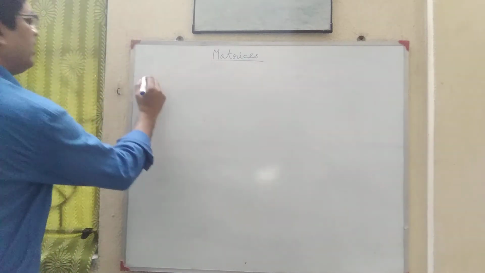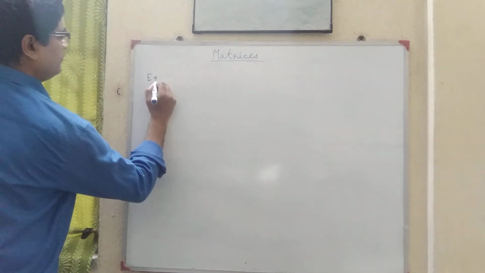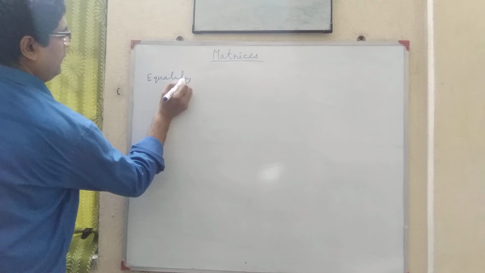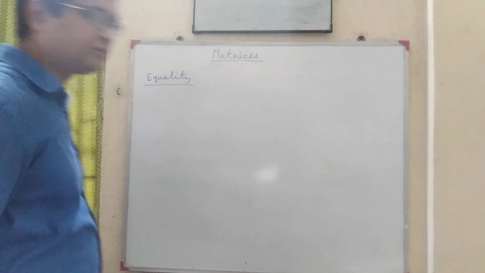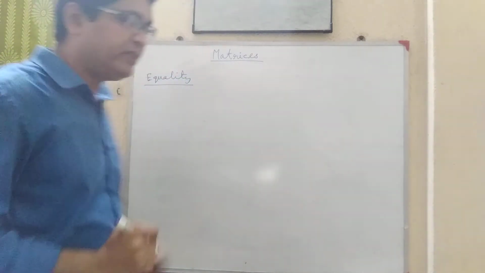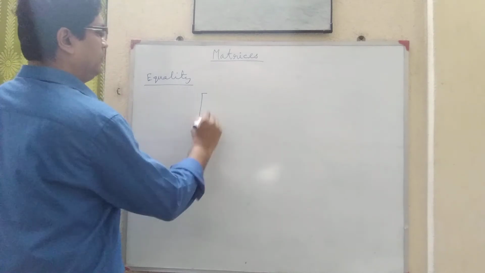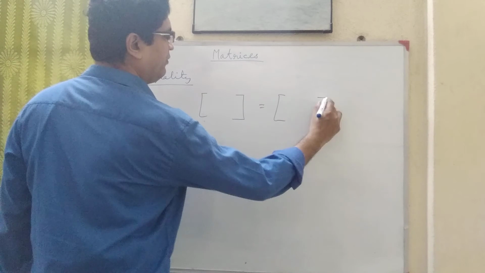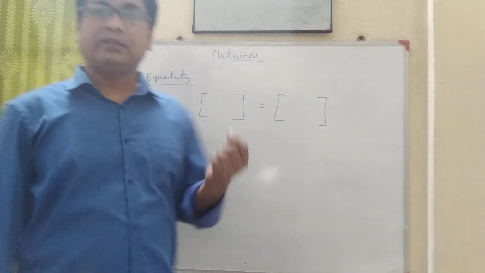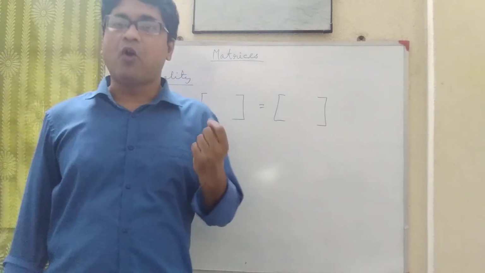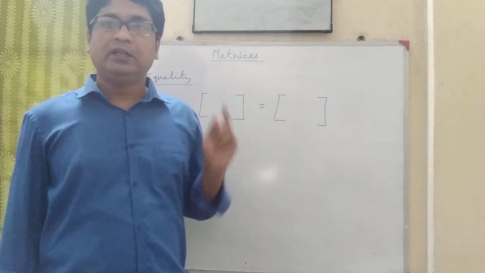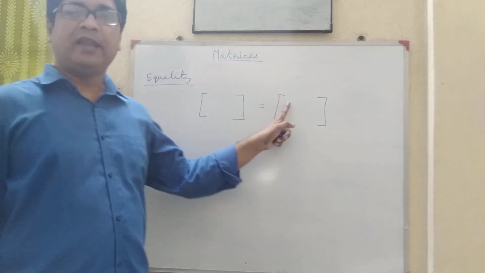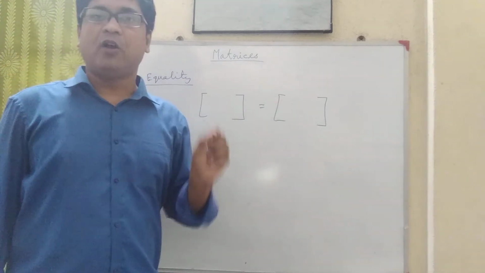Next, come to equality of matrices. When will two matrices be equal? Two matrices will be equal if first they must have the same order, and second the corresponding elements must be all equal.